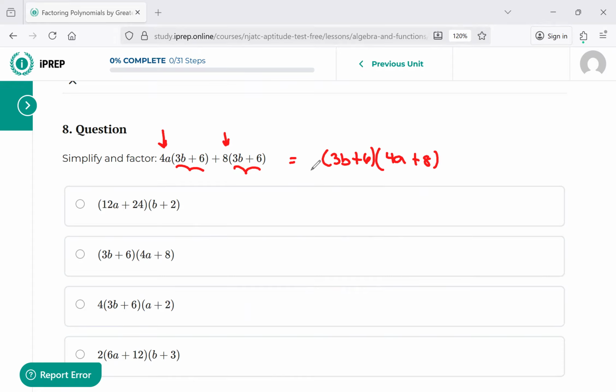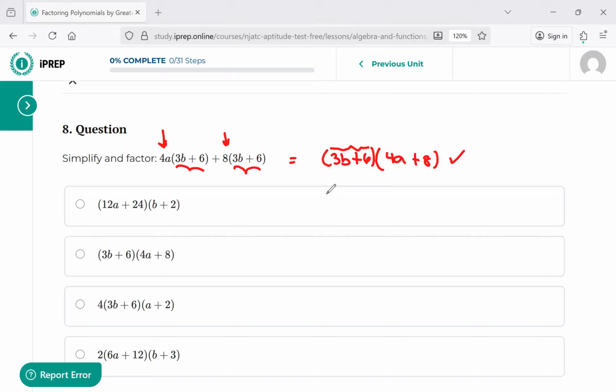Wait, look at your choices. Is there a 3b plus 6 plus 4a plus 8? That looks very tempting, but is this the most factored it can be? So look here, 3b plus 6. Can you factor out a GCF? Yes. I think they're both divisible by 3.